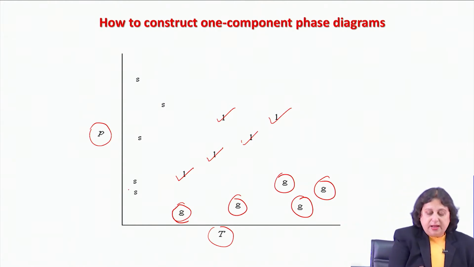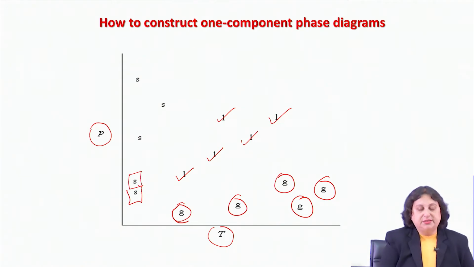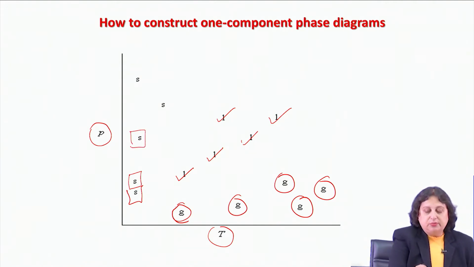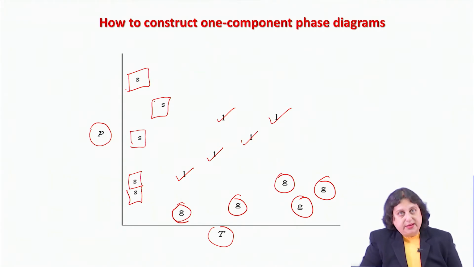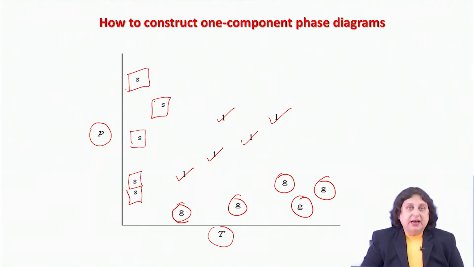And when I look at very low pressure and very low temperature, this is where I encounter my working substance to have a single stable phase as the solid phase. Now, when I am constructing the phase diagram, this is not sufficient information about how the system can undergo a change in phase as I go on changing temperature and pressure.